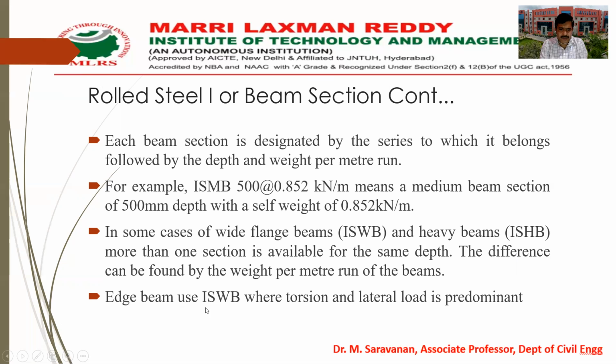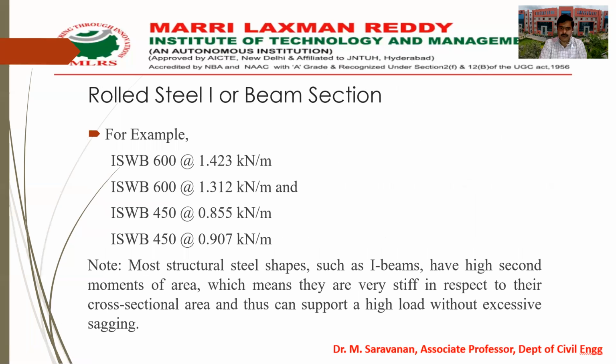Edge beams use ISWB where torsional and lateral loads are predominant. Generally in a frame structure, we provide beams at the edges, no? There, the lateral force and, because of the eccentric load, the torsional load are heavy. So in that situation, providing the wide flange beam will be more suitable.